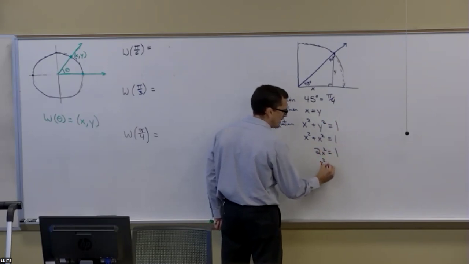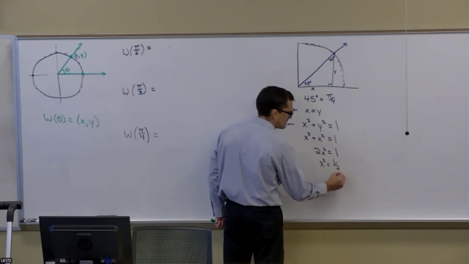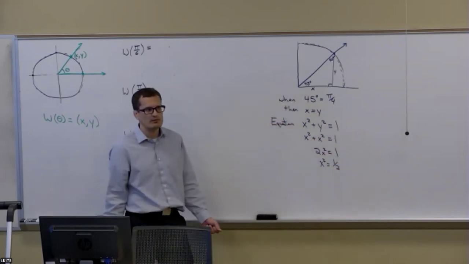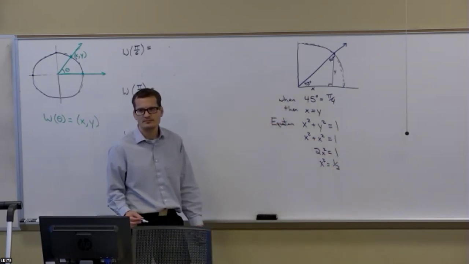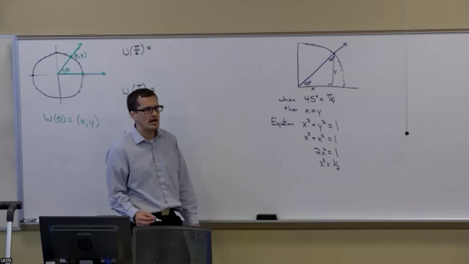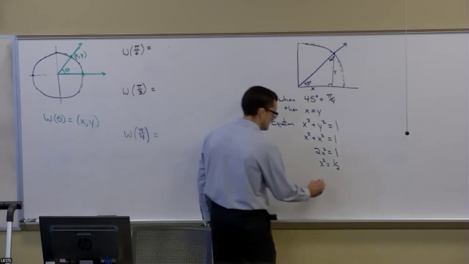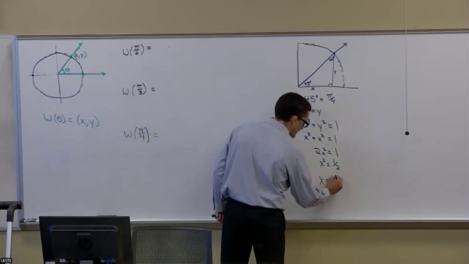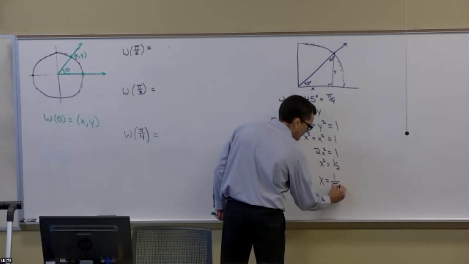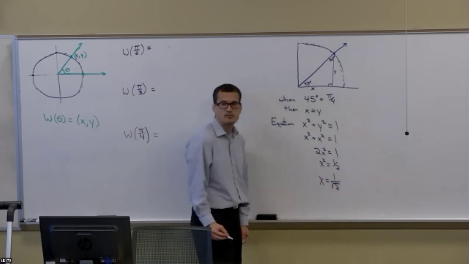That means x squared is a half. If I take the square root of both sides, I get square root of 1 divided by square root of 2. Square root of 1 is just 1, square root of 2 is square root of 2.